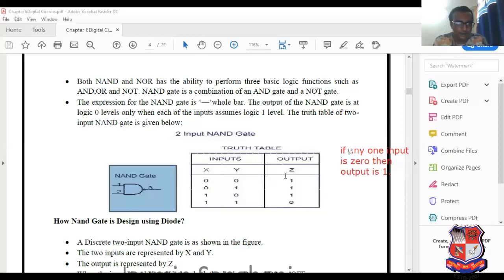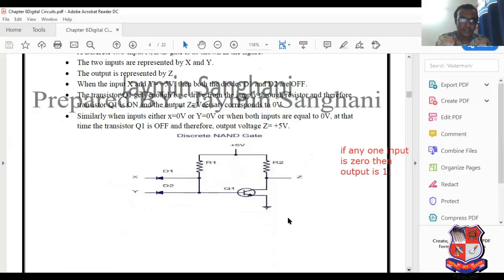Now, how is NAND gate designed using diodes? I will explain here with the help of a diagram. See this. If I have applied here 0, 0, try to understand this.